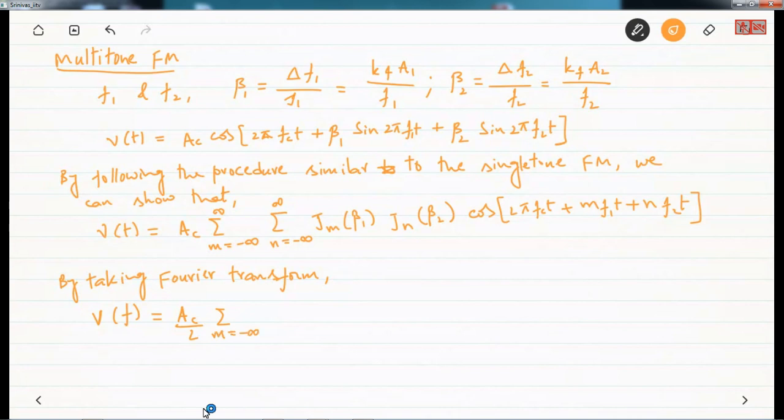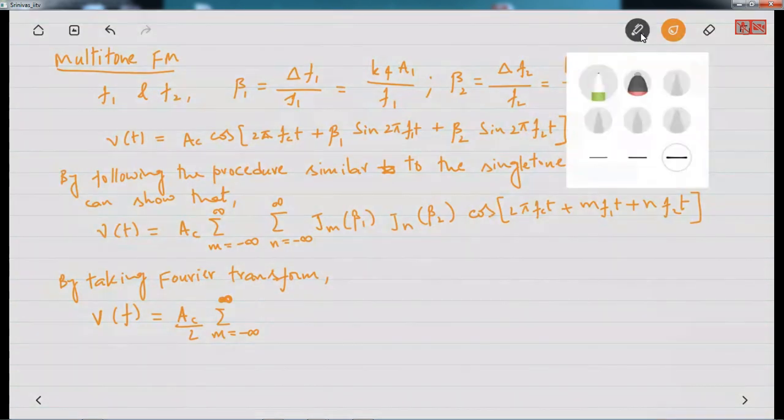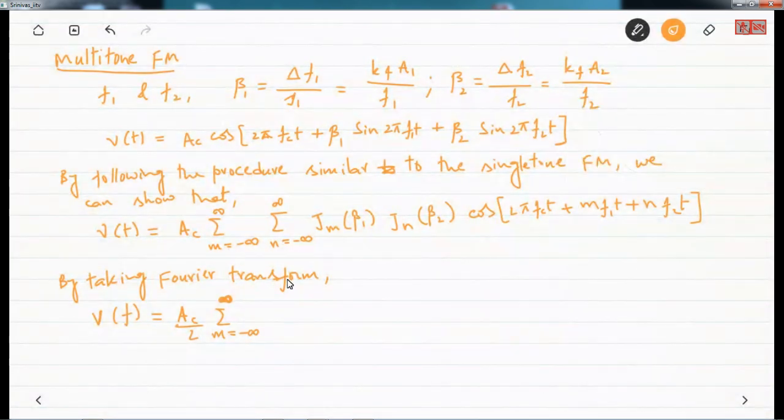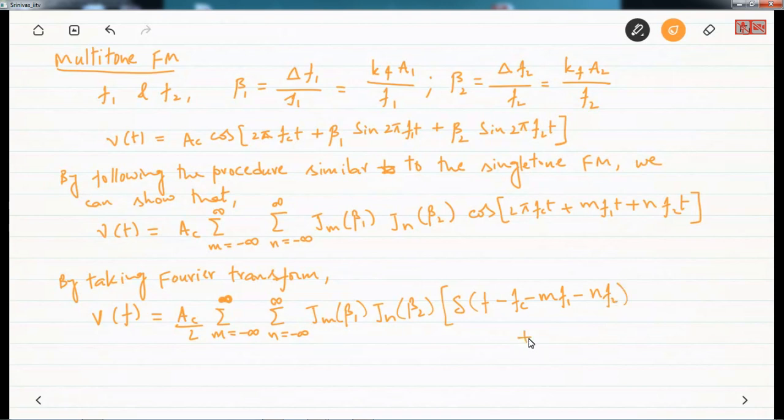Sum over m from minus infinity to plus infinity, then n from minus infinity to plus infinity, Jm of beta 1, Jn of beta 2, multiplied by delta of f minus fc minus mf1 minus nf2, plus delta of f plus fc plus mf1 plus nf2, right?